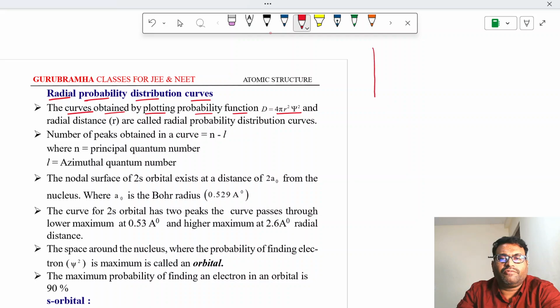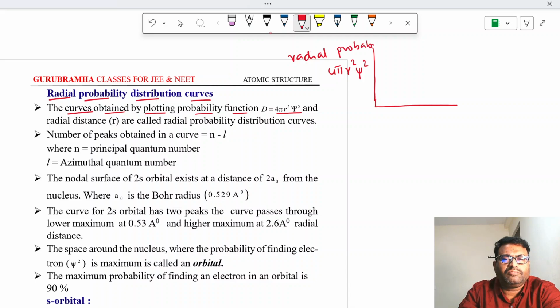So now we are plotting a graph of 4 pi r square psi square. What is that called as? It is called the radial probability, or radial probability function, plotted against radial distance.